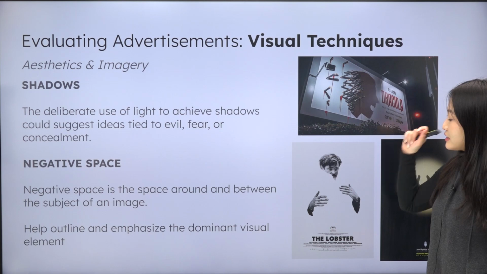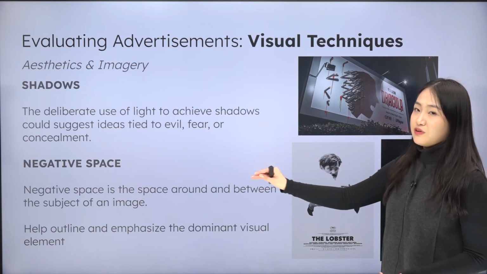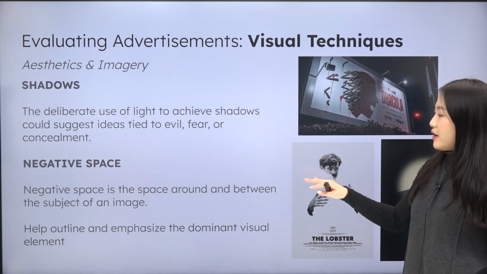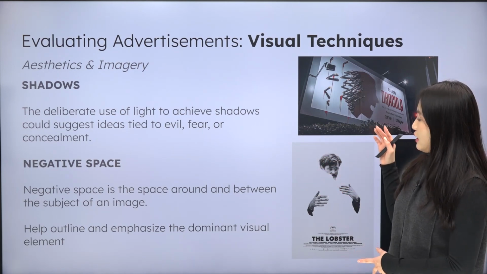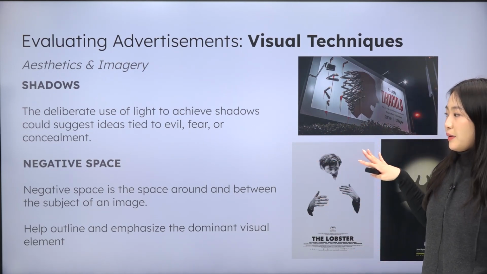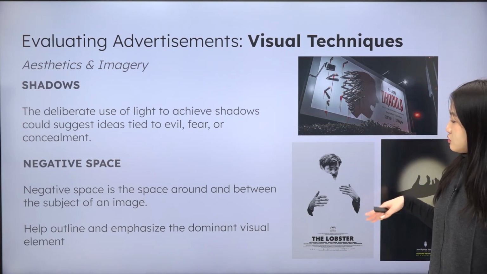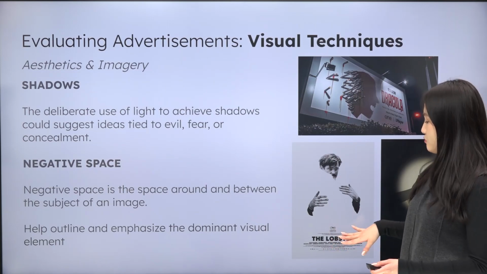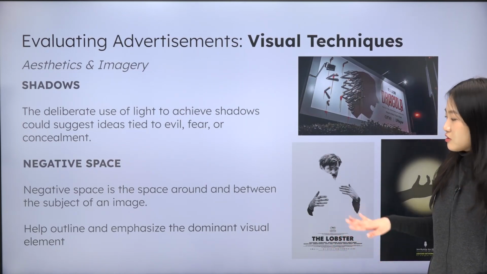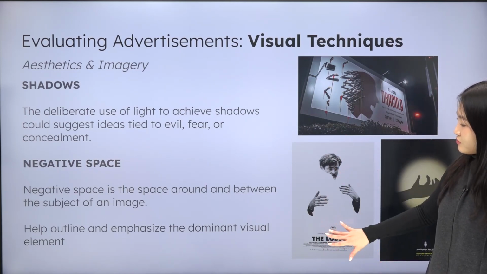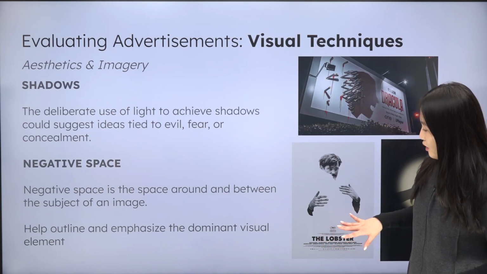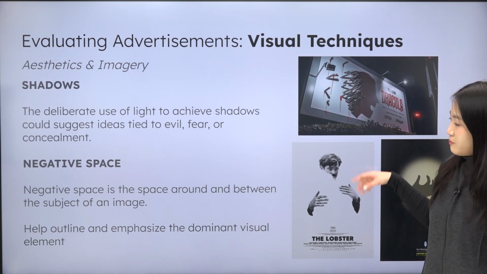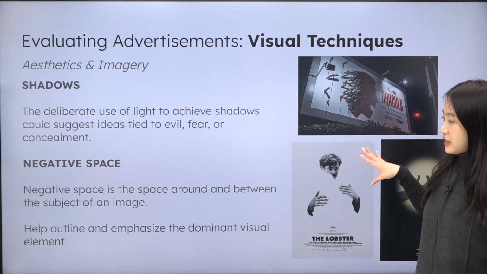And as I said before, negative space is also very popular. It's when the space around and between the subject of the image is used. So for example, this is a recent movie that came out a few months ago, called The Lobster, but this poster was very, very popular at the time it came out because it makes excellent use of negative space.